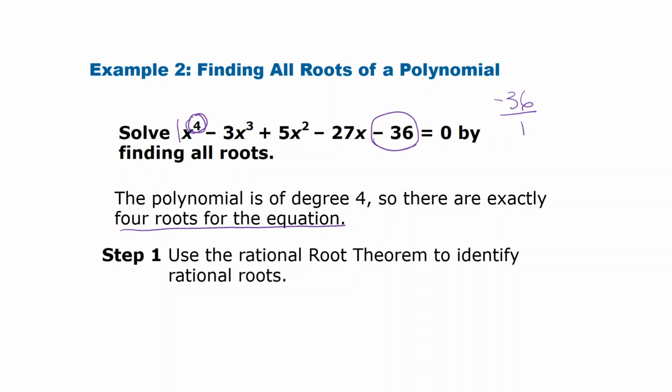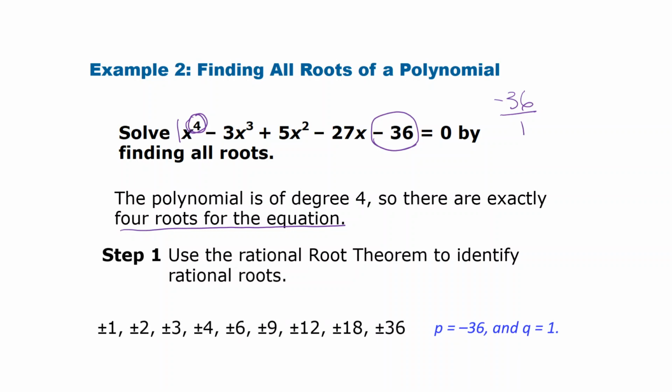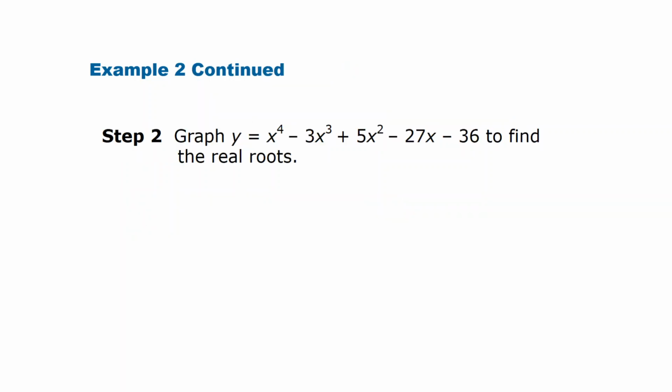So in our case, all we have to do is find all of the factors of 36, which are right here. And so P was our negative 36, and Q was 1. And so here's all the factors. So we know something in here is going to be helpful. All right, so here's our equation, 1, 3, 5, 27, 36. So we're going to move on and take a look at this.